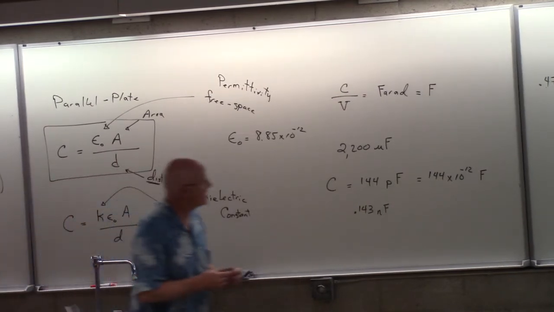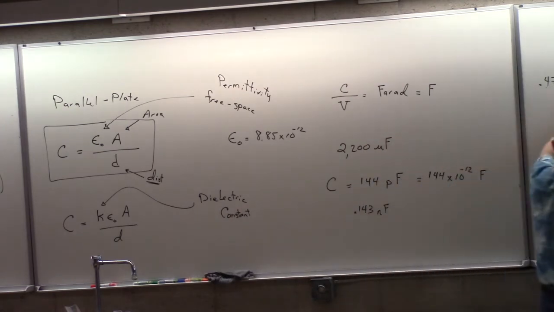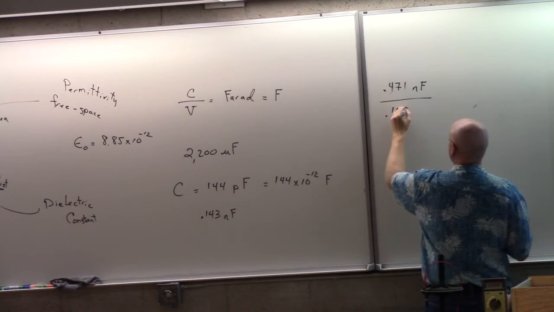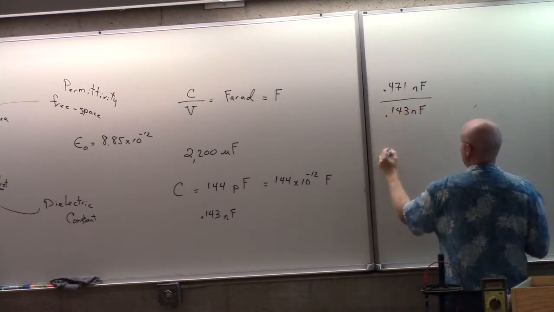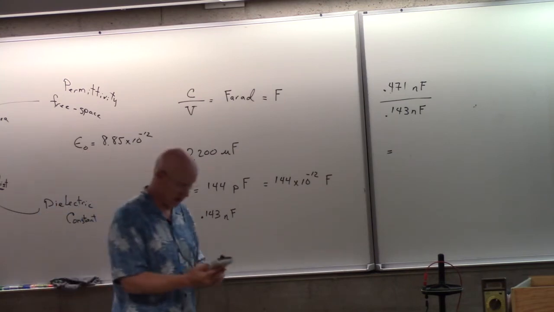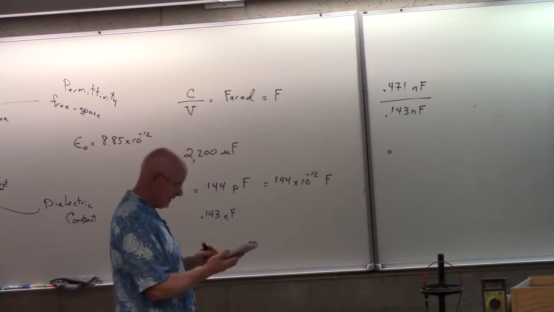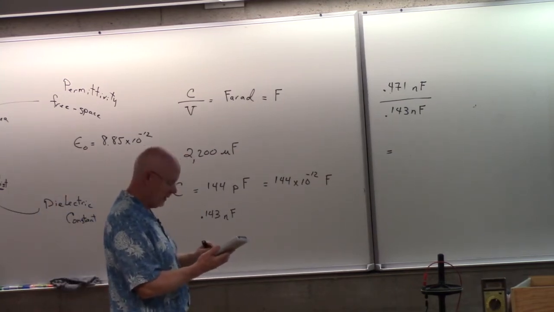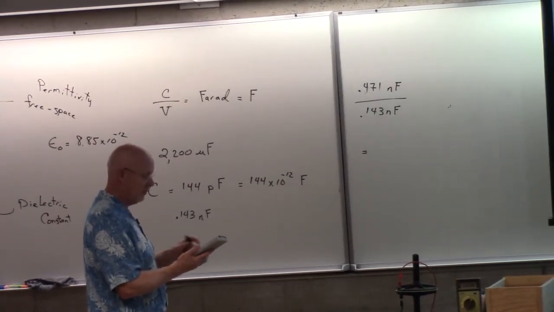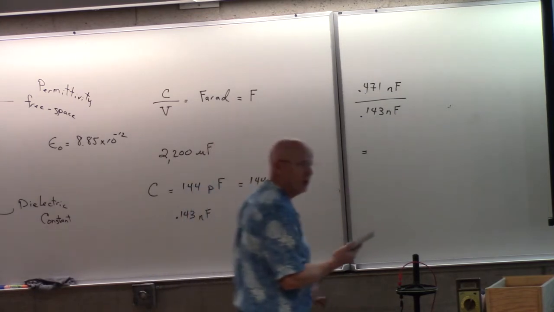But let me get this dielectric constant here. I would say take this 0.471 and divide it by 0.143 nanofarads. And this is going to tell me my dielectric constant. How much bigger did it get? 0.471 over 0.143, and looks like 3.3.